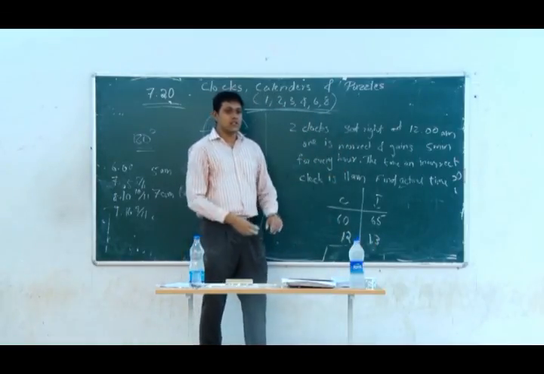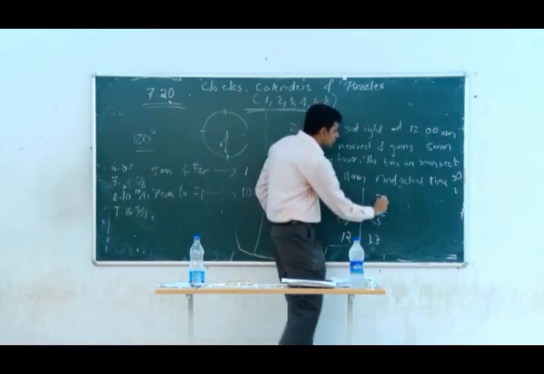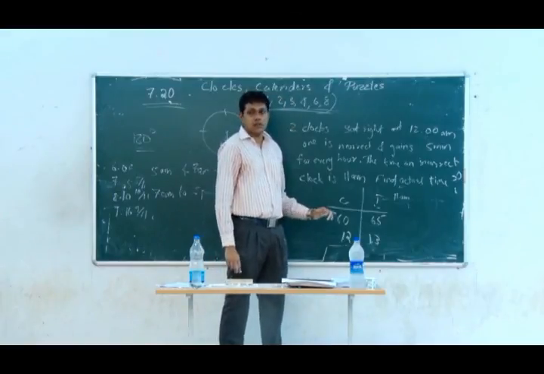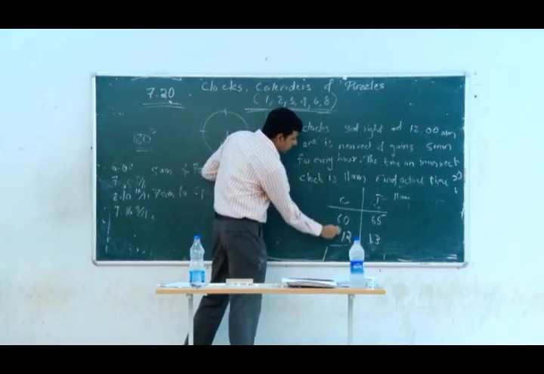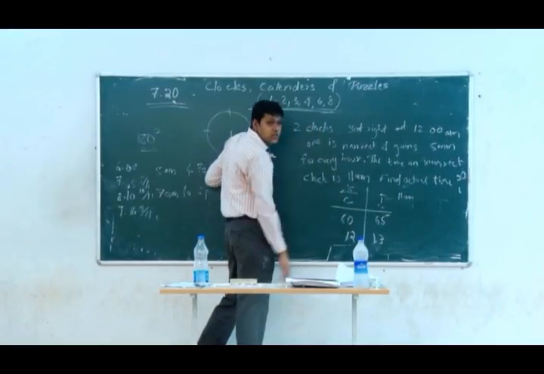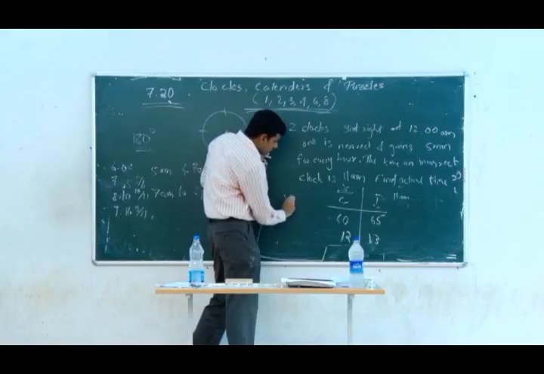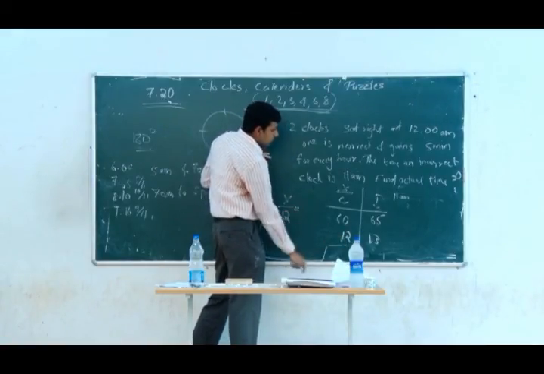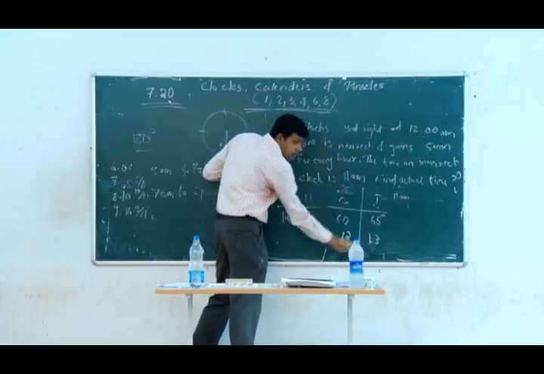The incorrect clock is showing 11 a.m., which means 11 hours have passed on the incorrect clock. So just take the ratio between them. We want to find the time shown on the correct clock; we don't know this quantity, so we denote it as x. So x divided by the correct clock ratio 12 equals the incorrect clock time, that is 11 hours divided by the correct clock ratio.